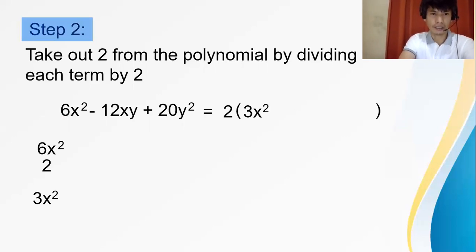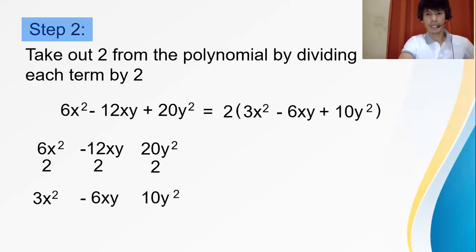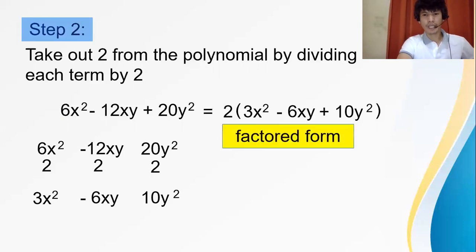Next, negative 12xy divided by 2. Negative 12 divided by 2 is 6, and copy xy, so we have 6xy. Next, 20 divided by 2, we have positive 10y to the second power. And this will be your factored form.